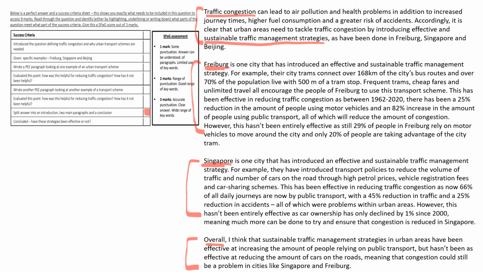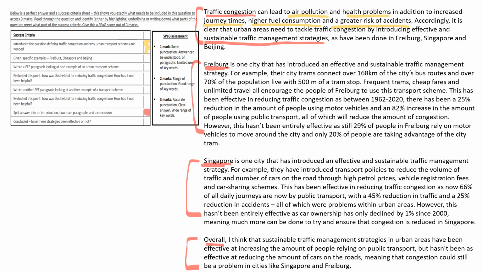So what have I done in my introduction that talks about what traffic congestion is and why we need to improve the traffic schemes within cities. Okay, so traffic congestion can lead to air pollution, so this is a problem. It also leads to health problems, increased journey times, higher fuel consumption, and greater risk of accidents. So these are all the problems with congestion, so cities having lots of cars in them, and this is why we need to update our systems within the city.